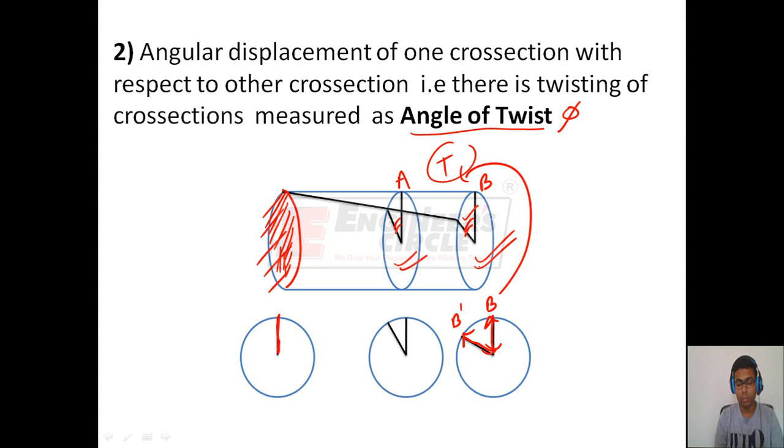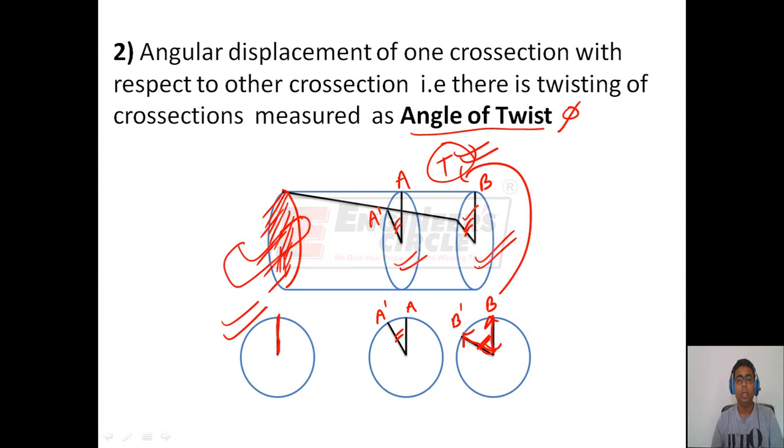This point A has moved to A dash because of the twisting of this cross section. So we can see that all the cross sections will twist by some angle after the application of twisting moment, except the cross section which is fixed.